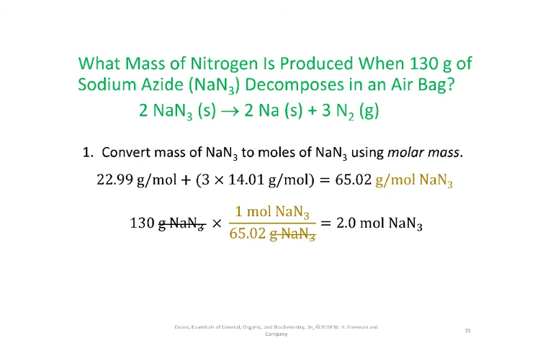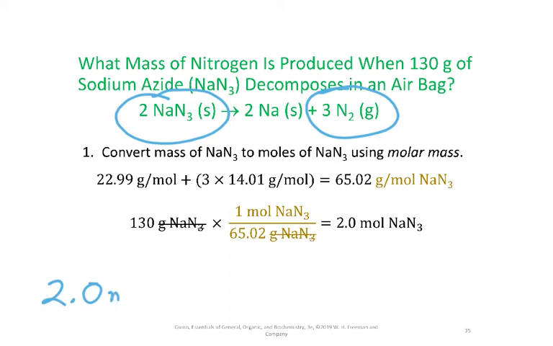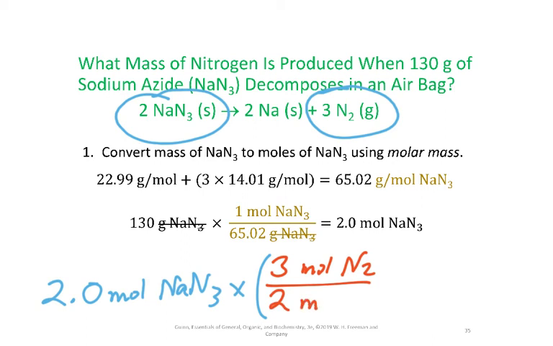So here is all of that again, right? So step 1, we have moles of sodium azide, and now we can look at the mole ratio. For every 2, we get 3 nitrogen. So if I have 2.0 mole sodium azide, I have a mole ratio of 3 moles of N2 for every 2 moles of sodium azide.